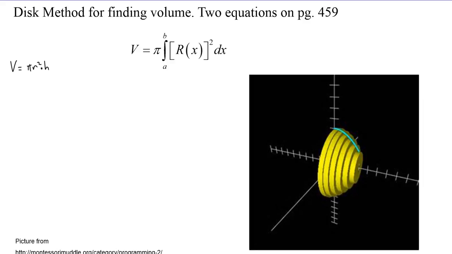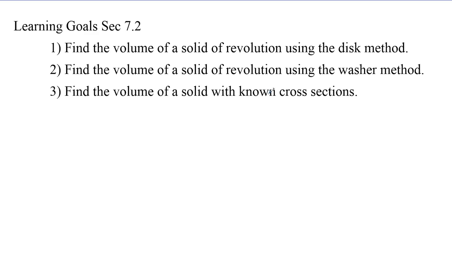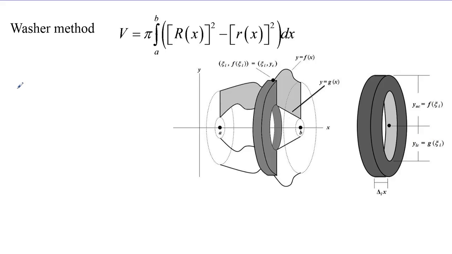All right. And then the second thing they asked us to talk about was the washer method. And the washer method is a little more than the difference of the area of two functions, the area between two curves, revolved around the x-axis. Now, we did the area of two curves, so let's say I have two curves there, and I want to find the solid of revolution around them.